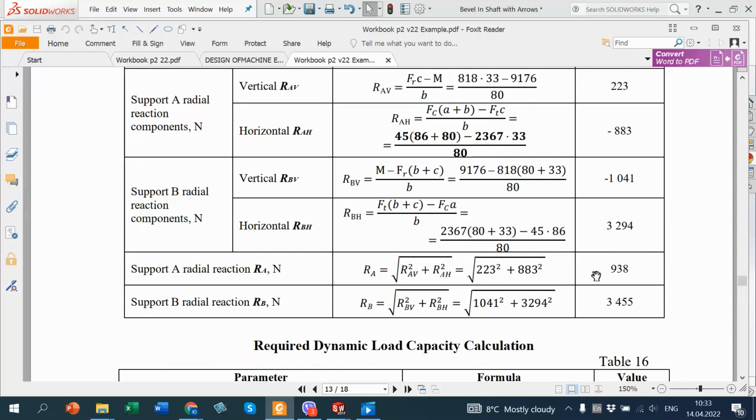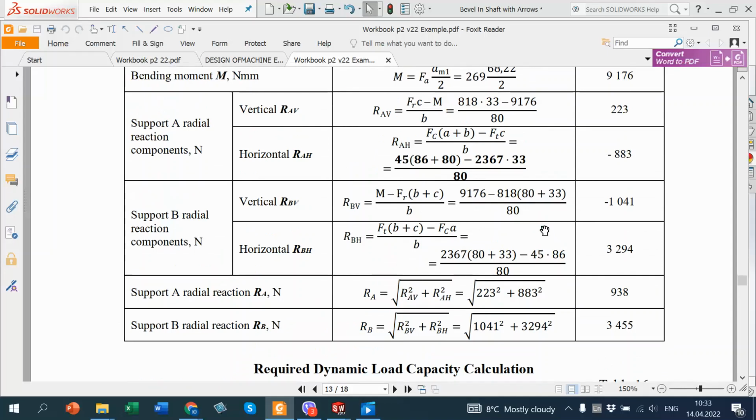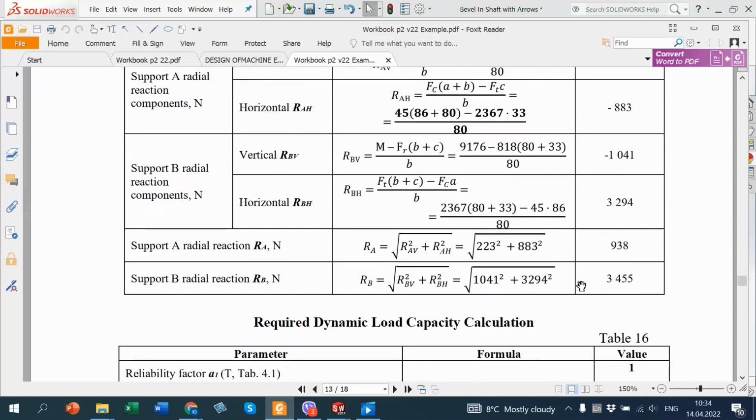And finally, RA, RB may be found like square root from these two components and these two components. Of course, B is greater, 3,500 Newton.